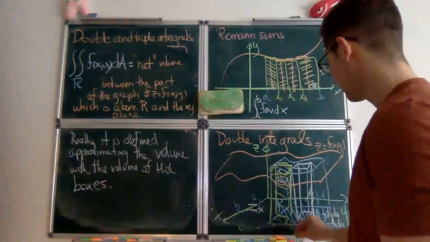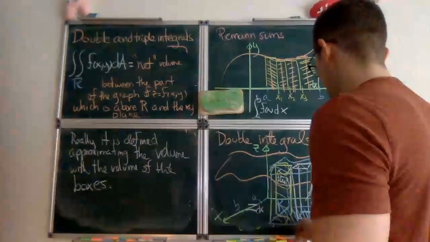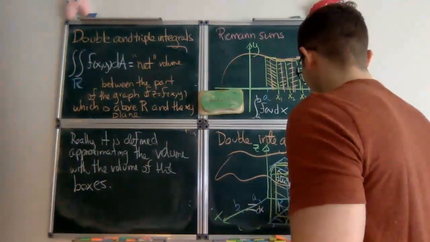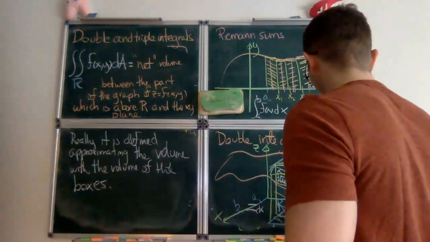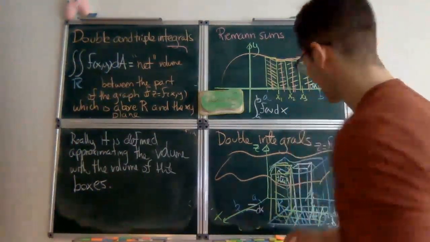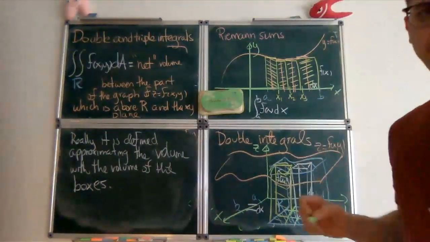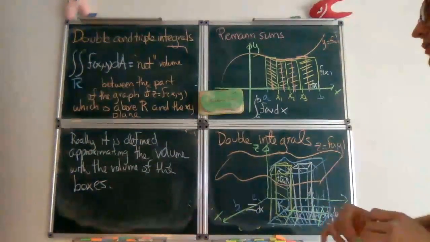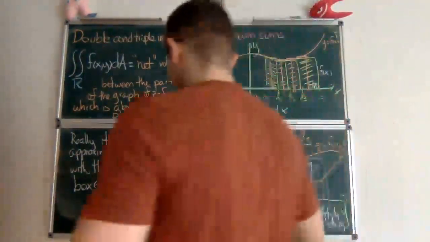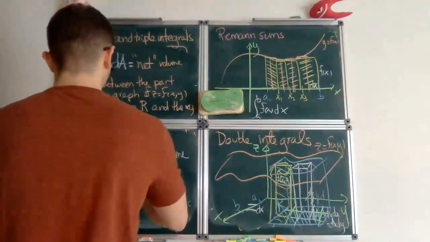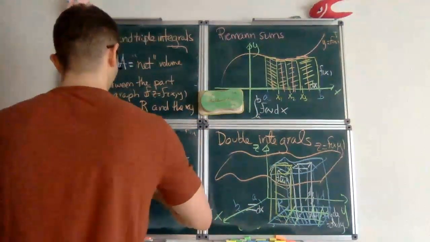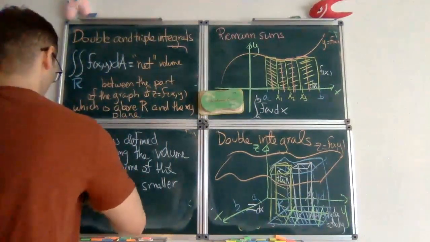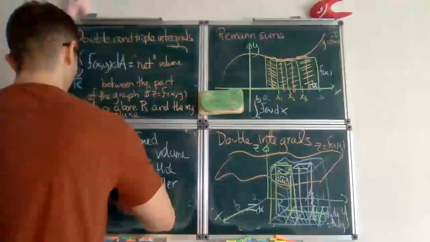And you imagine that you draw more and more boxes downstairs. So you put here one and another, another. So you start partitioning the domain, the region of integration, into subrectangles. Okay? So you use smaller subrectangles to improve the estimate.